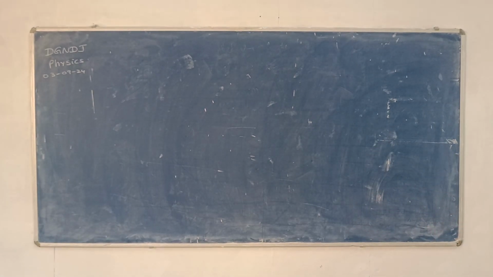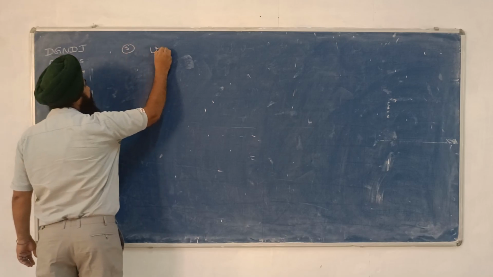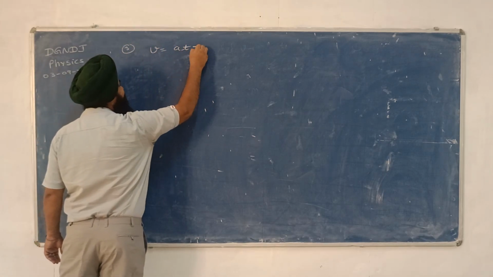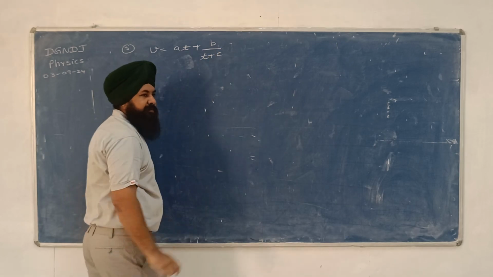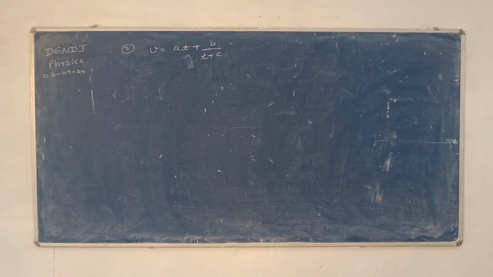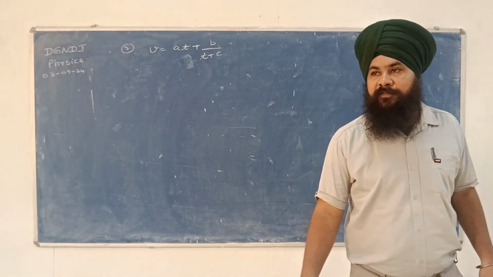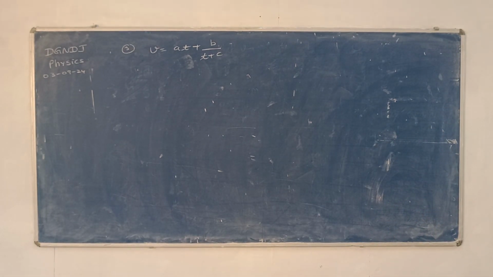Yes, let us do another example. V is equal to At plus B by t plus C. So please write it down. This V is called the velocity of a particle.